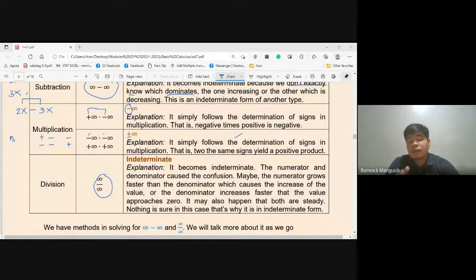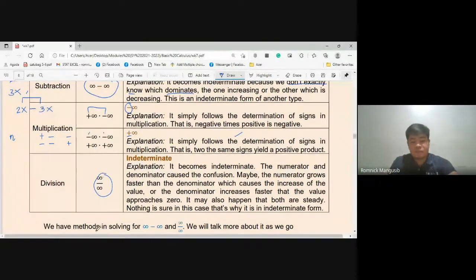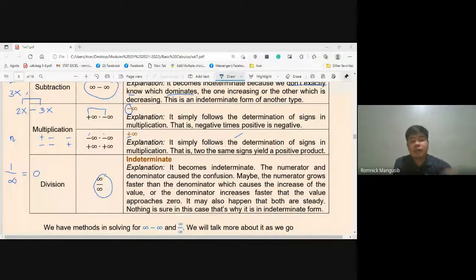At kapag ang denominator naman ay mas mabilis mag-increase, yun naman ay papunta sa zero. We have here the rule 1 over infinity is 0. Kapag ang denominator ay mas mabilis mag-increase kaysa numerator, aasahan mo papunta yan sa 0.